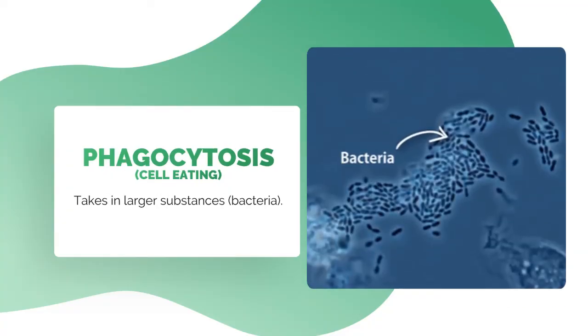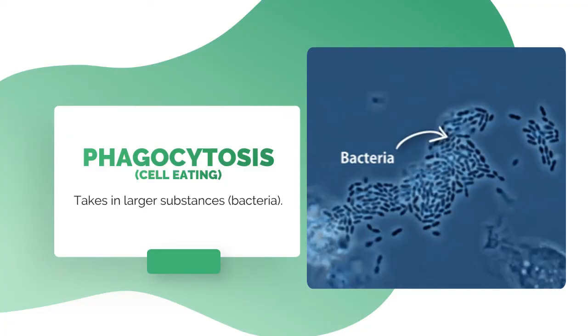During the process of phagocytosis, kabaliktaran po yan ng pinocytosis. Phagocytosis is cell eating. A good example is when a cell engulfs a bacteria. It takes in larger substances, such as a bacteria. Just for example, siguro noong mga bata kayo, naranasan nyo na masugatan, and minsan nagkaroon ng nana.